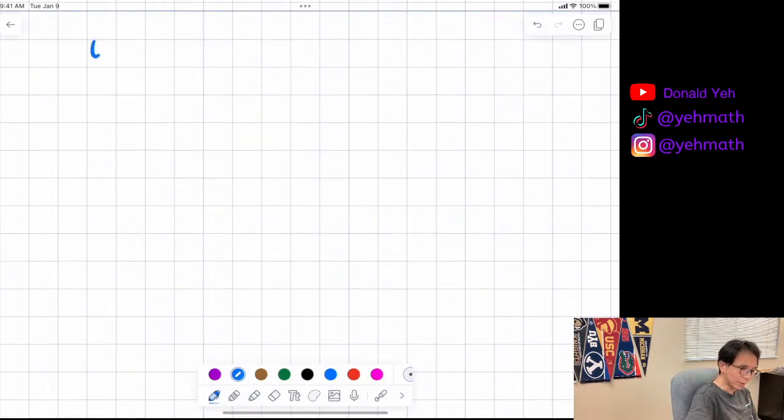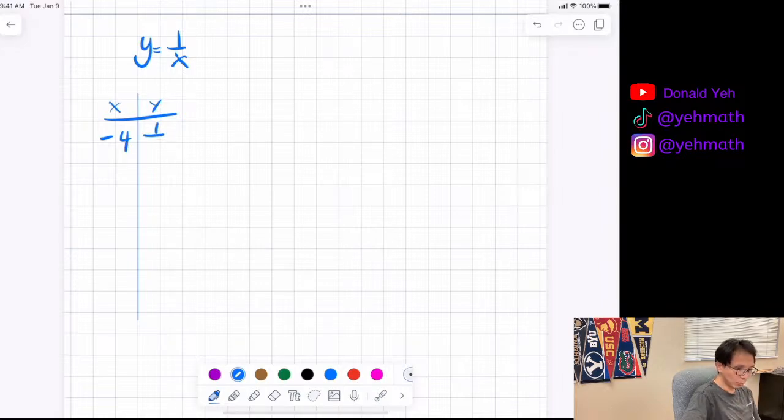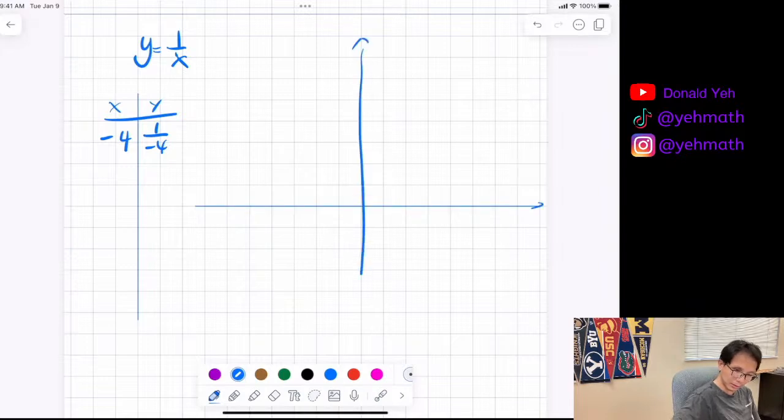So I'm going to start with y equals 1 over x, and I'm going to plug in some values. I'm going to start with negative 4. What happens if you plug in negative 4? 1 over negative 4. So at negative 4 it is negative 1 over 4, so it's right here. What happens at negative 2?